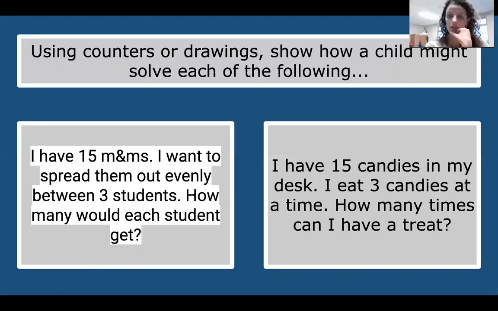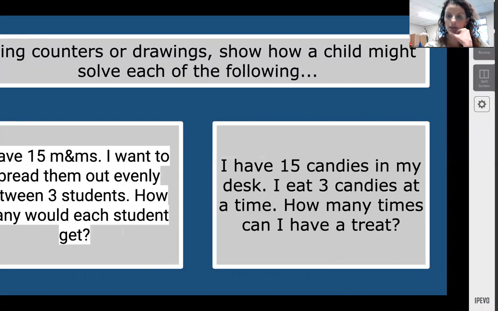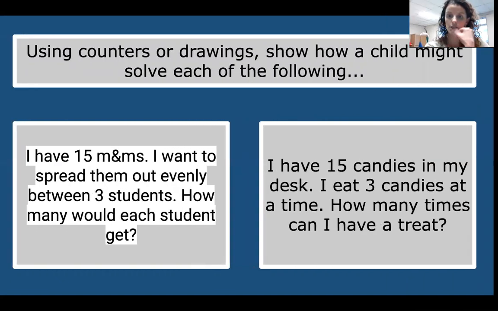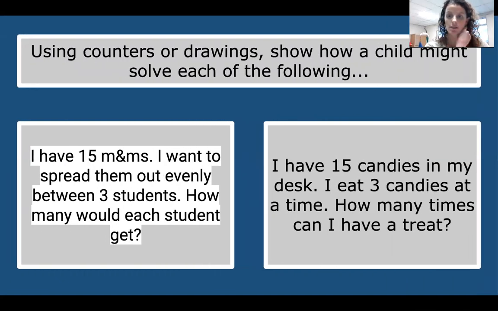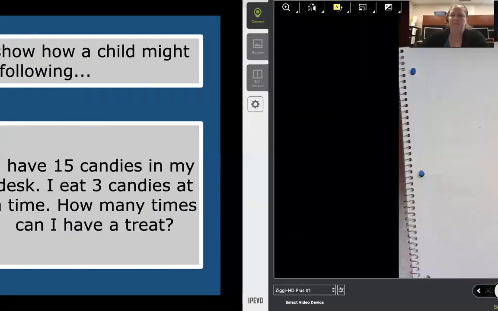So Linda mentioned something in the text chat. She says the questions on the right have us making groups of 3, but the questions on the left want us to share into 3 different groups. Does that make sense? I bet some of you noticed the same thing as Linda.